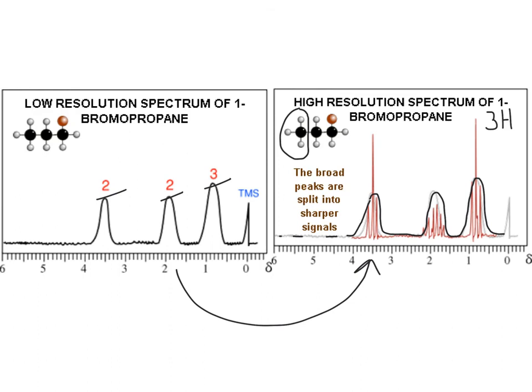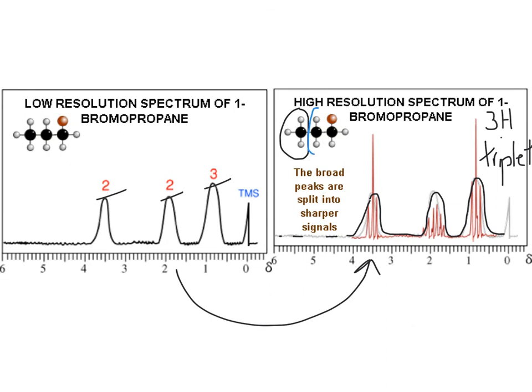So it's caused by 3. There are 2 on the neighbouring carbon, so you can see that it's split into 1 more than 2. It's split into a triplet. So this splitting gives us information about the number of protons on the adjacent carbons.